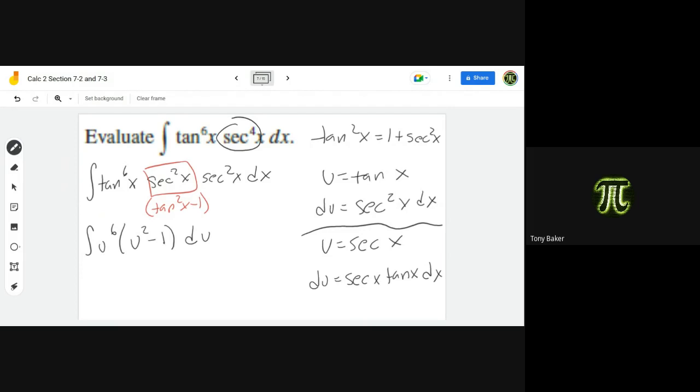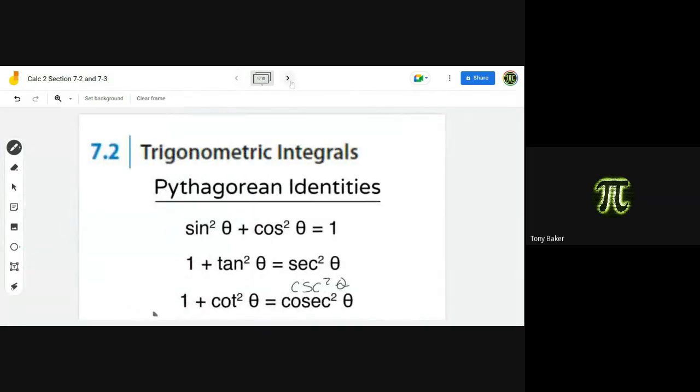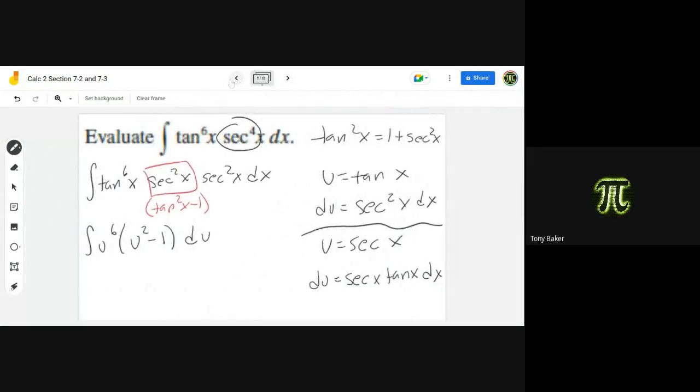I wrote down 1 plus tangent squared. Oh, did I have it backwards? I did have it backwards. I'm not having a good day today, as you can tell.